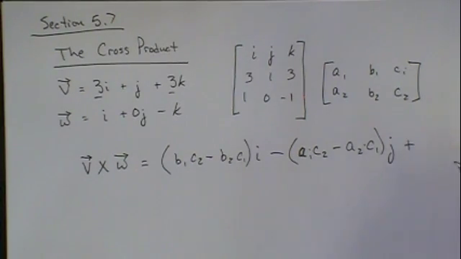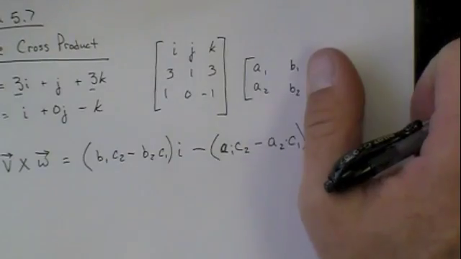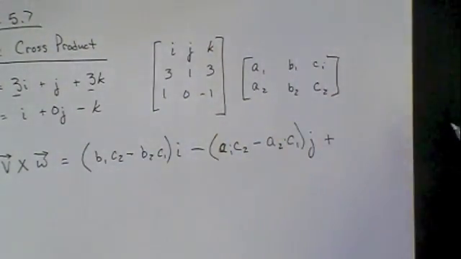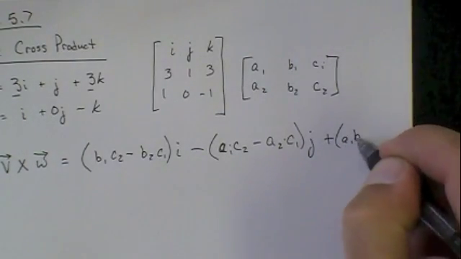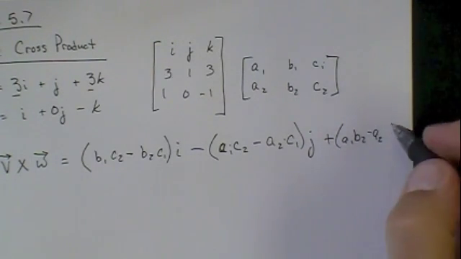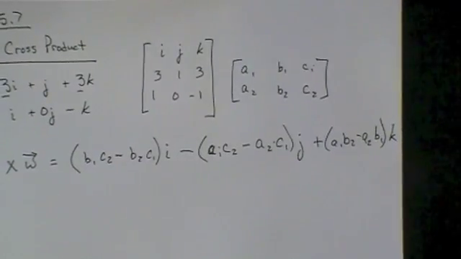And then we have plus. And then for the k component, forget about those C values now, and now we're using the determinant between A and B. So we have A1 times B2 minus A2 times B1, and that gives us our k component.